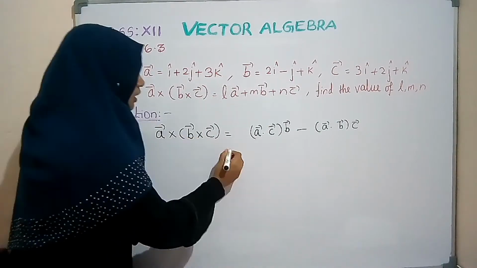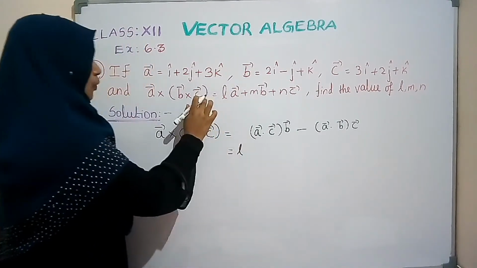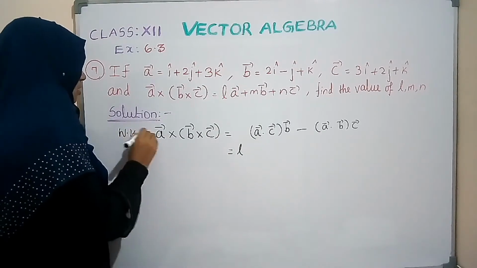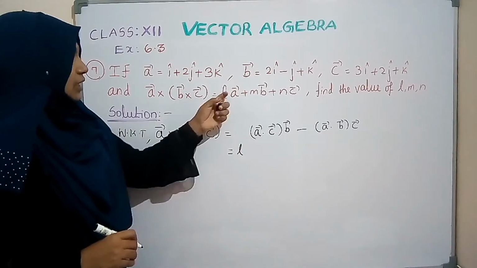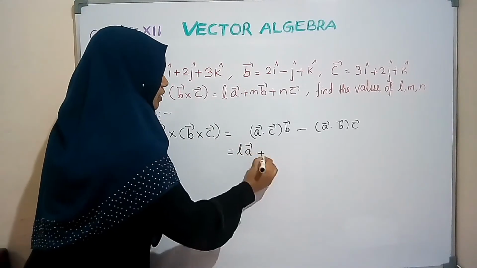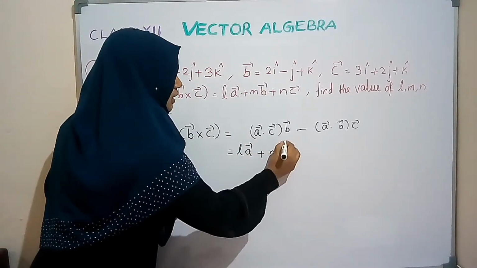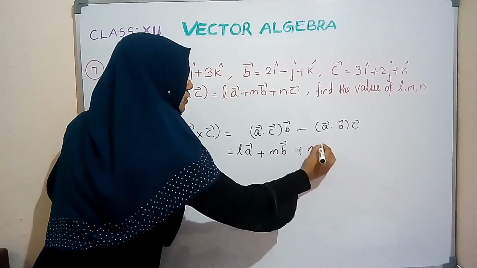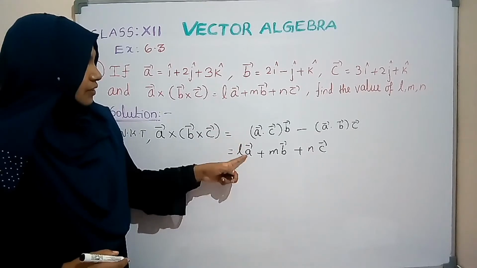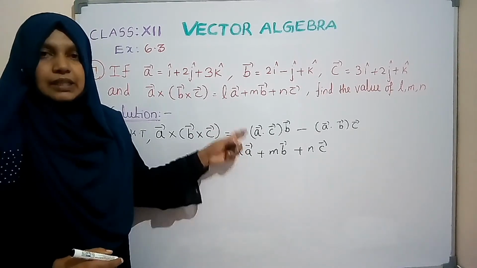But what is given in the question is that this is equal to L a vector plus M b vector plus N c vector. Compare both these, the given condition and the formula.